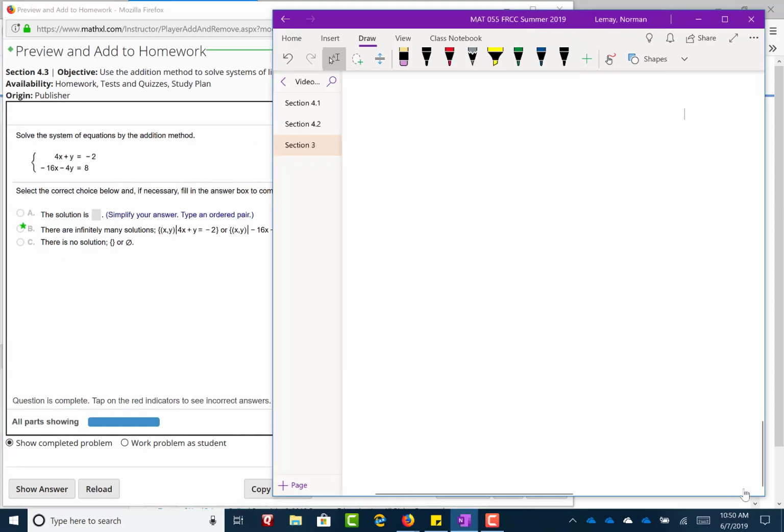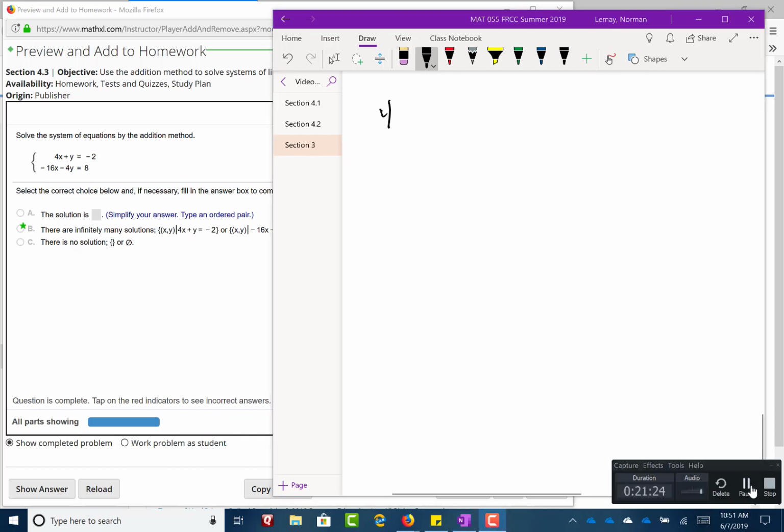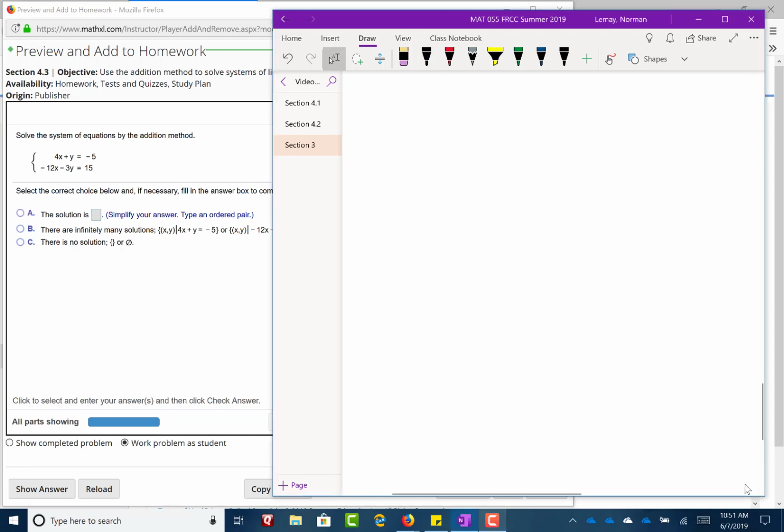All right, for our final one, let's take a look at 4x plus y equals negative 15 and minus 12x minus 3y equals 15.